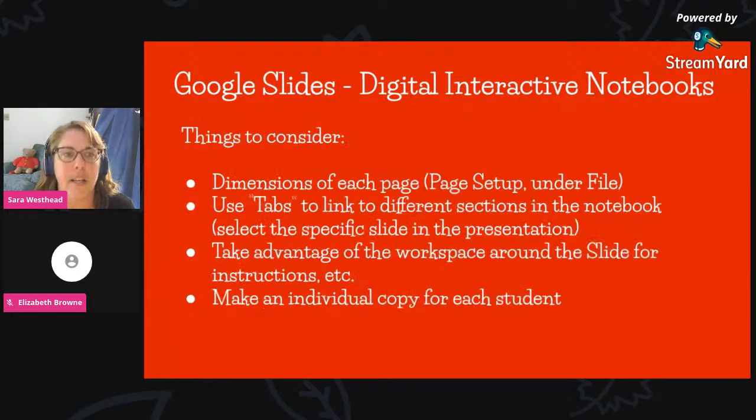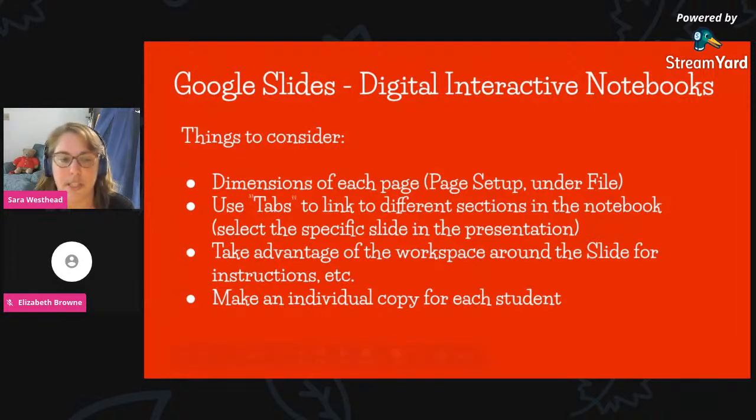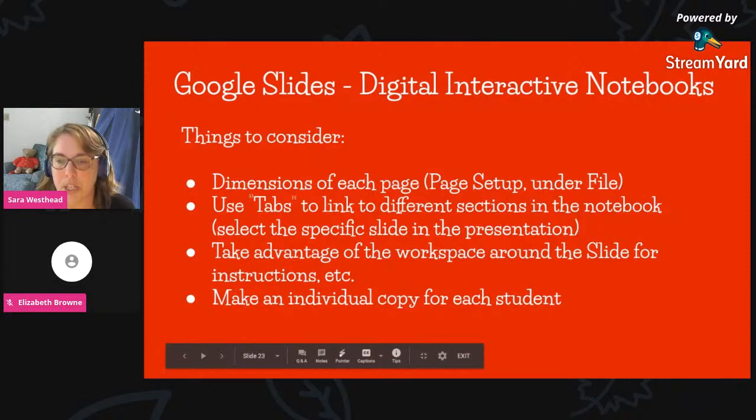All righty then. You want to make sure that you're considering the dimensions of the page. We're going to look at that in a second. You're going to consider using tabs, which would link to different sections of the notebook. You're also going to think about taking advantage of the workspace around the slide for extra instructions, extra space. And you want to make sure that you're making an individual copy for each student.